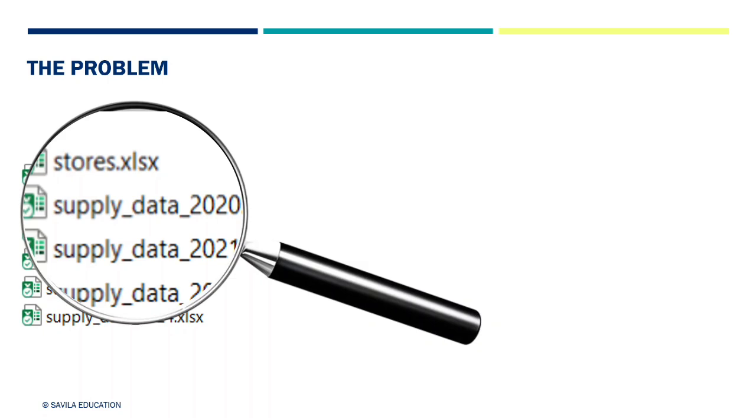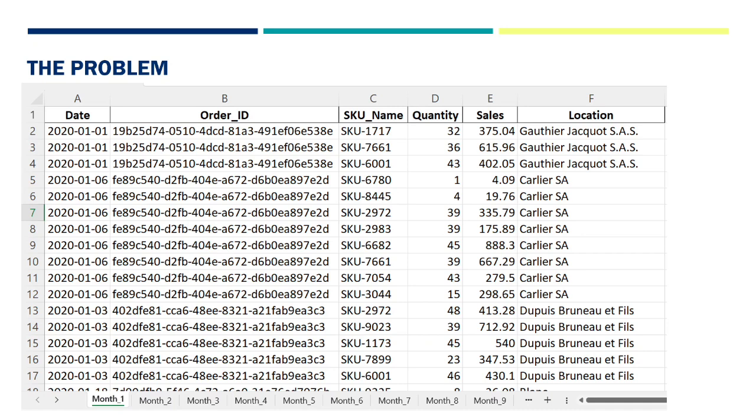So let's zoom in and look at one of these transaction logs, the 2021. When we look inside, we indeed find a collection of data related to transactions. First, we have the date on which the transaction occurred. Then we have the order number. And if you look closely, we have these duplicated values.